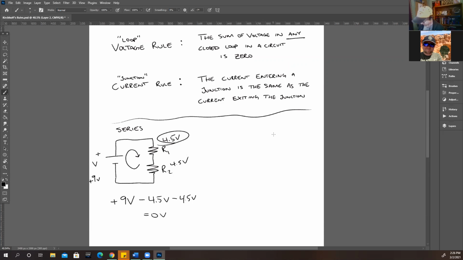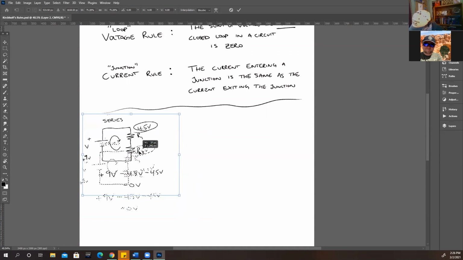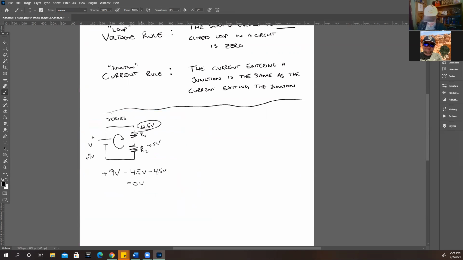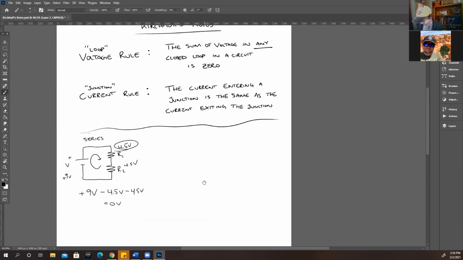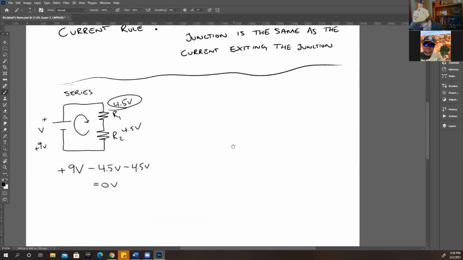Okay, now the other example, that's the more complex one. Let me shrink this because it is a bit big. So the other example, let me zoom in on these like this, is the parallel case.